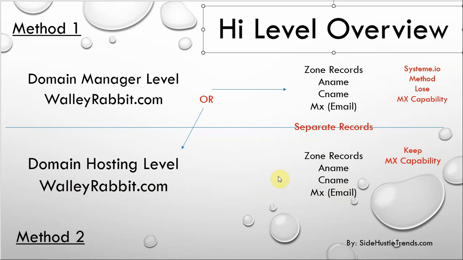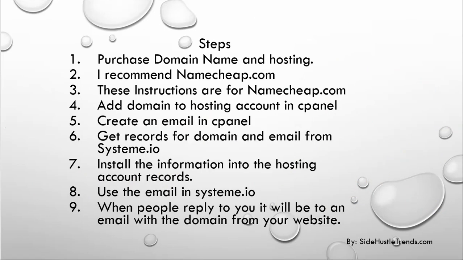So my method is to say, let's go buy a cheap hosting account and put Wally Rabbit on it. It'll give you all the email capabilities like every other account, but when people type in your name, it actually goes through CNAME, just like up here, over to Systeme.io. It's a cool little trick. And then when people hit reply, you have it.